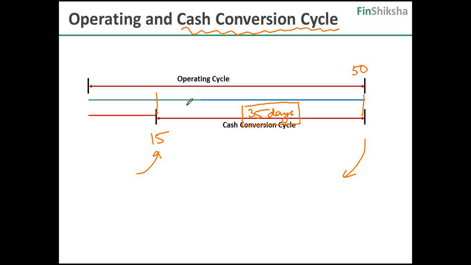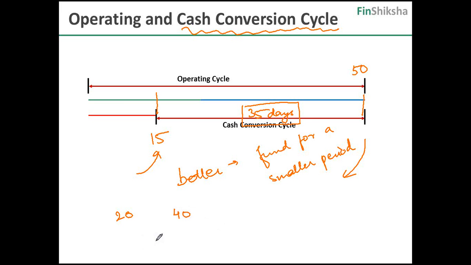Now, logically speaking, the smaller the cash conversion cycle, the better it is for the firm, because they have to fund for a smaller period. In fact, there could be a case where inventory days are 20, receivable days are 40, and payable days are 80, which means when you get the good, it takes 20 days to convert it to finished goods, another 40 days to recover the money, but the company only pays after 80 days.